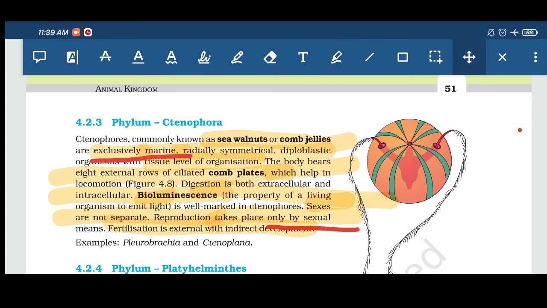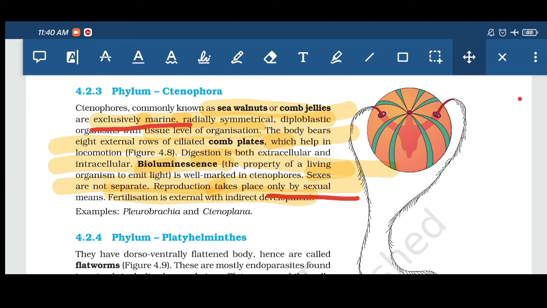So next, is it clear about the Ctenophora? Revising it, they are commonly called sea walnuts or comb jellies. They are exclusively marine, radially symmetrical, diploblastic, with tissue level of organization. There are two distinct features: they have 8 external rows of ciliated comb plates, and they also have the property of bioluminescence, which means they can emit their own light.